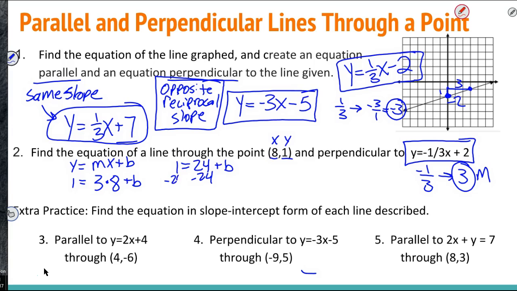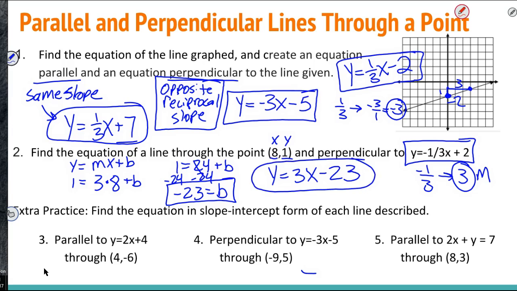Get the b by itself, and we have -23 equals b. That's not my answer. That just goes in my answer. My answer is going to be the equation y equals 3x minus 23. Take your m from there. Take your b from there. Those combine to make your equation.